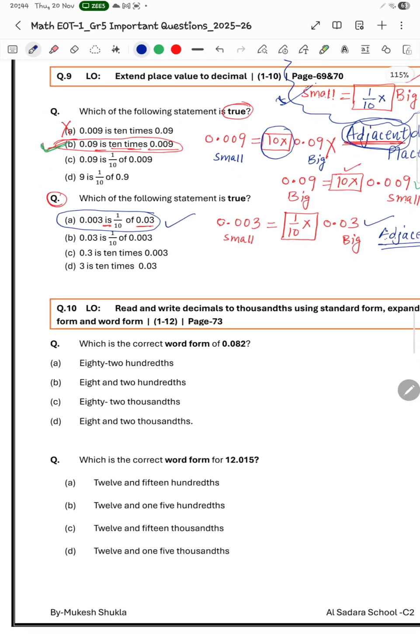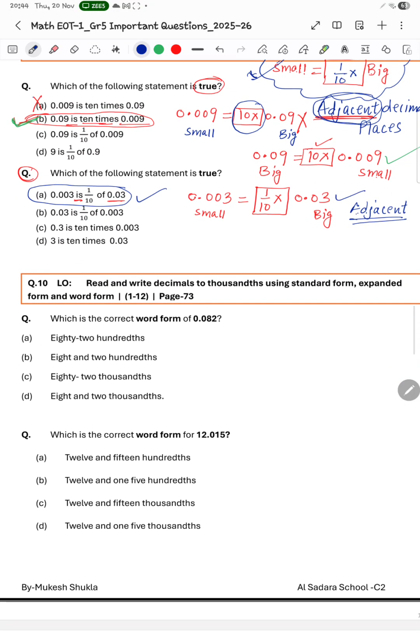Okay. So here again, we need to write the correct word form of this number. So we have already done this in the FRQ part. So I told you to write the word form, I will make groups. So first group will be before the dot and the second group will be after the dot. Since it is 0, so no need to say this. Now I will come to here.